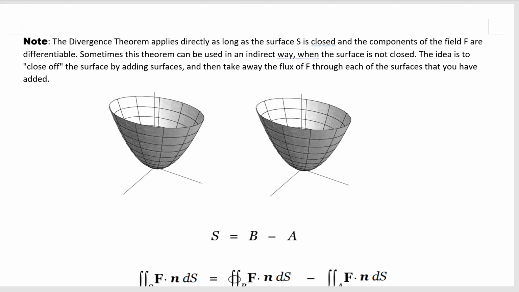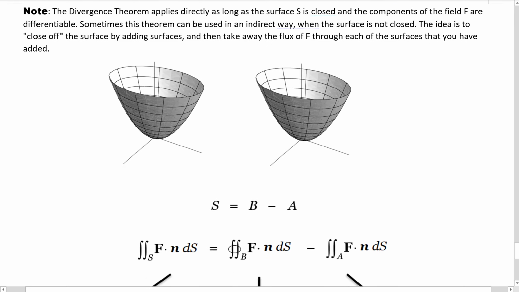Do you remember Green's theorem only works for a closed curved path, but we can close it off by adding a line segment? Here, same thing. The idea is to close off the surface by adding a surface, and then taking away the flux through each of the surfaces that we have added.